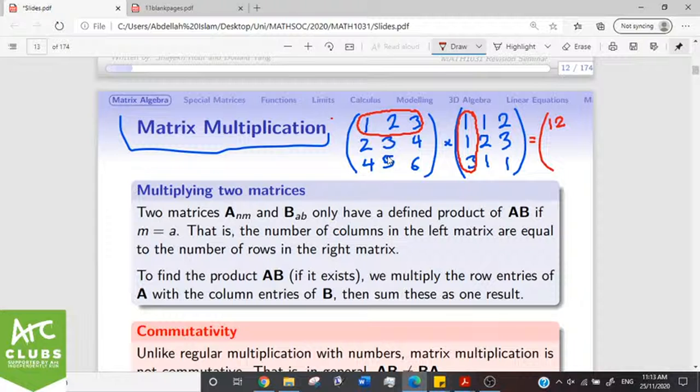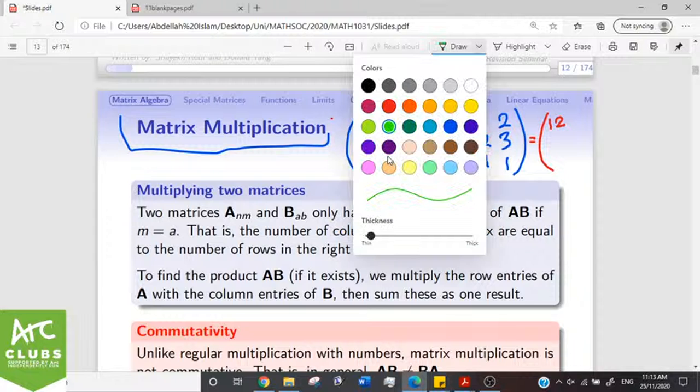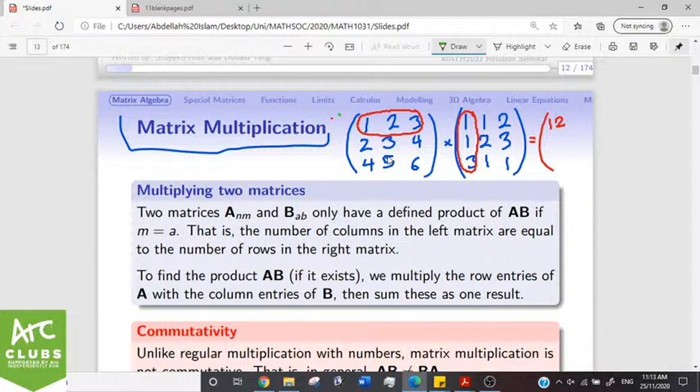For the second entry, you take row 1. So this entry that we're going to look at next is the 1/2 entry. This corresponds to the first row of the first matrix, multiplied by the second column of the second matrix. So we're going to do 1 times 1 plus 2 times 2 plus 3 times 1.